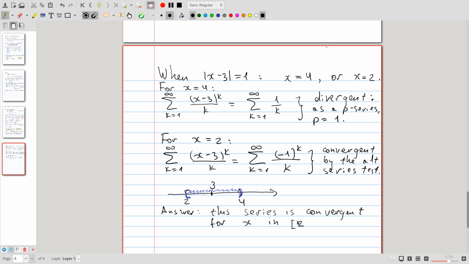We have to include 2 because for x equals 2 our resulting number series is convergent, and we exclude 4 because as we tested right here, for x equals 4 the resulting number series is divergent. And this is the answer to this question.